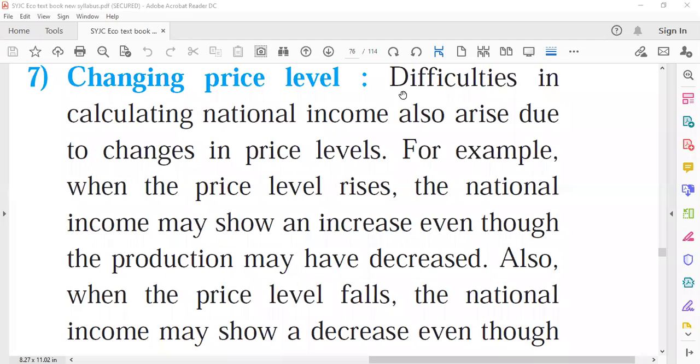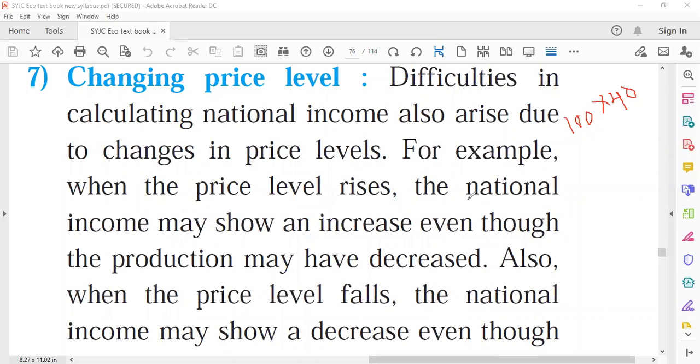Now, if the price of a commodity increases, now suppose, for example, a farmer produces 100 kg of rice. तो अभी farmer 100 kg rice produce कर रहा है and he is selling that rice at 40 rupees per kg. Farmer कितने में सेल कर रहा है? 40 rupees per kg.